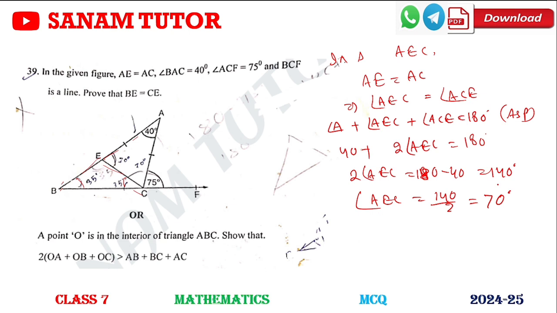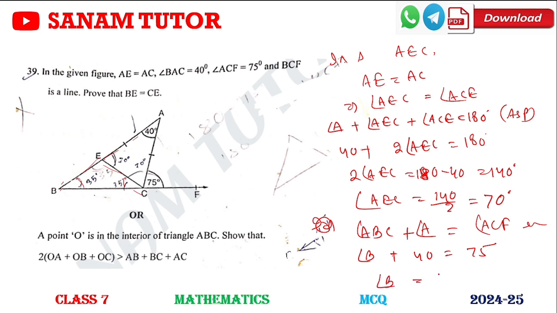Now in triangle ABC, angle B plus angle A is equal to angle ACF, by the exterior angle property. So B plus 40 equals ACF, that is 75. So B equals 75 minus 40, that is 35. This angle we find is 35.